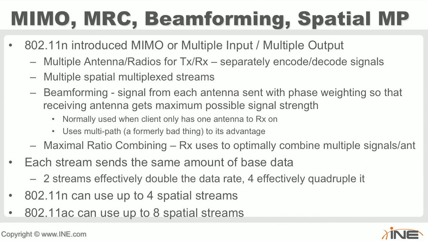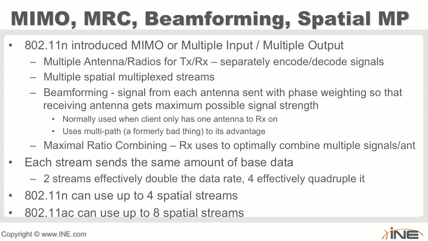So this is where I was saying, instead of going back to just the basic way of diversity where we send out multiple copies of a signal, 802.11n, especially when a client only has 1 antenna to receive on, the AP, assuming that it supports this, can actually form its beams 3 separate ways, knowing that multipath is a bad thing, or at least formerly was a bad thing, knowing that my signal is going to reflect off or scatter.